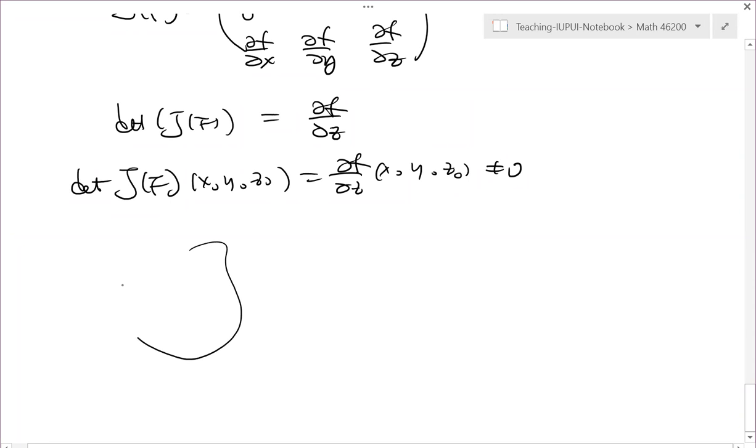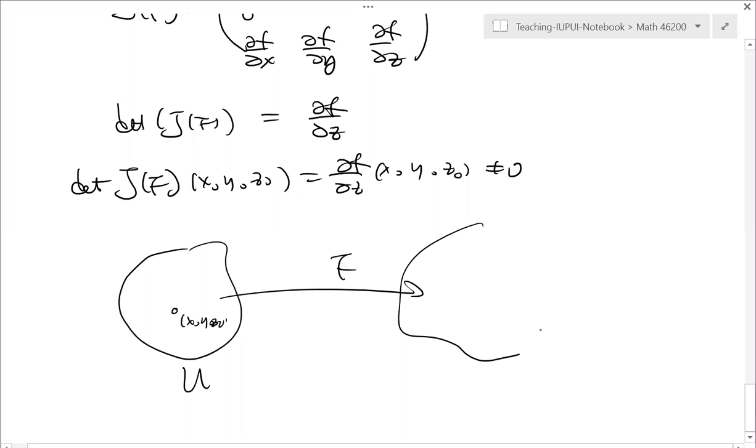So we have a U here, and here's a point, and I have a map f into R3. So somewhere, if an image looks like that, it may be very bad. I'm going to use x tilde, y tilde, z tilde, and this is u tilde, the image of it.